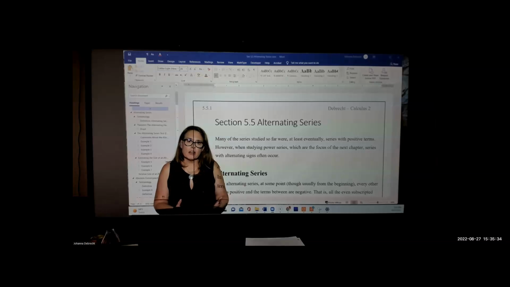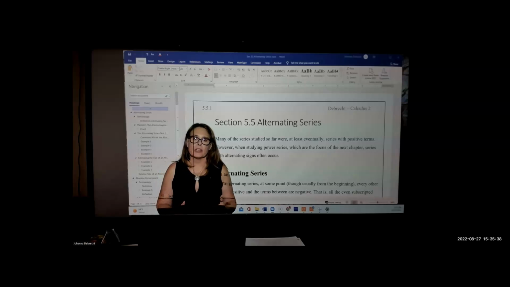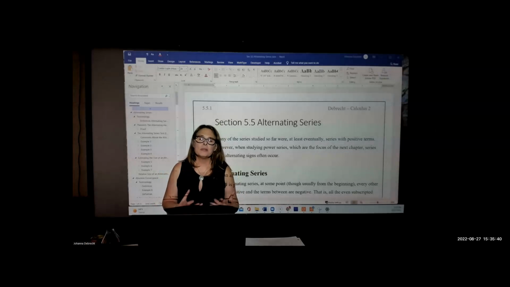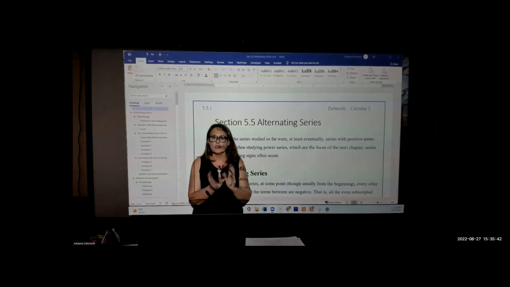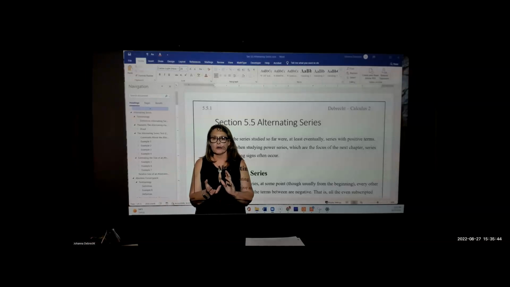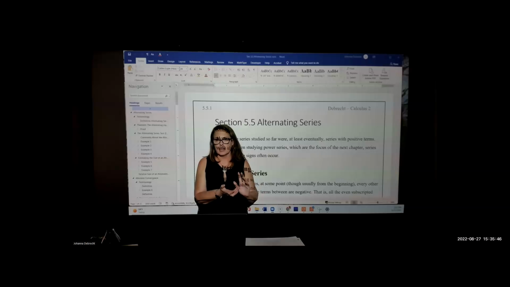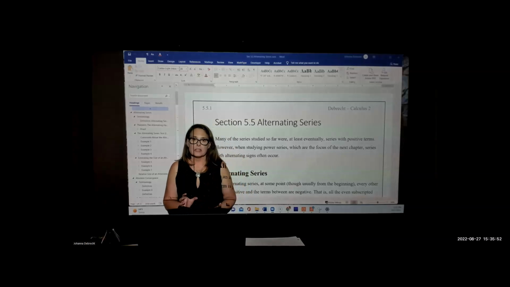So what we're going to talk about today are sequences that are different from some of the ones we've been looking at previously. These would be sequences where the signs are alternating in successive terms. So positive, negative, or they could start negative, positive, negative, positive. We call these alternating sequences.